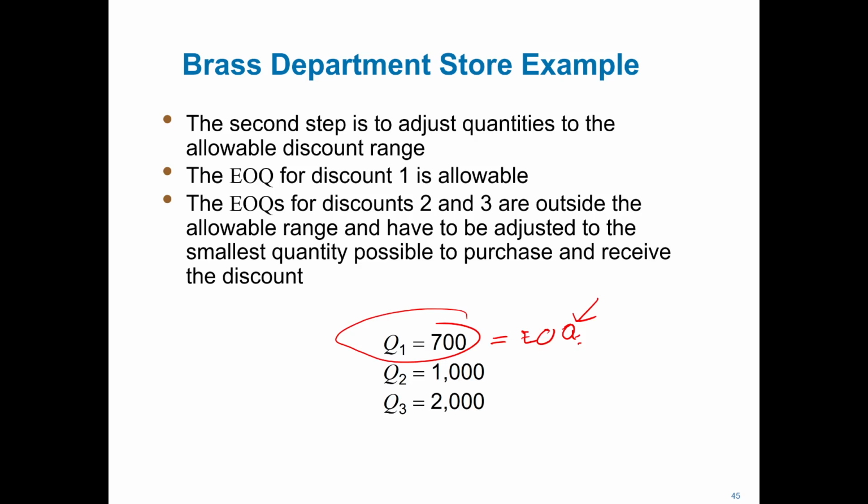For Q2 we set it to the minimum to qualify for the $4.8 cost of the item, and for Q3 we set it to the minimum to qualify for $4.75 for the cost of the item, if we buy 2000 units or above. So Q2 is put at 1000 and Q3 at 2000. We will forget about 714.